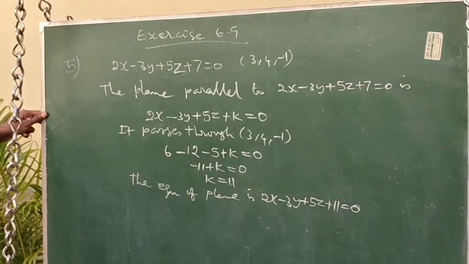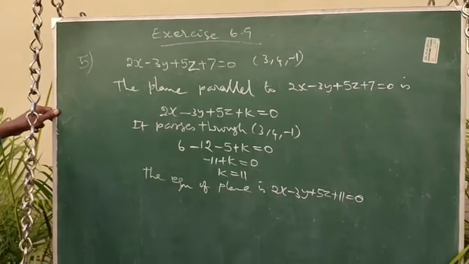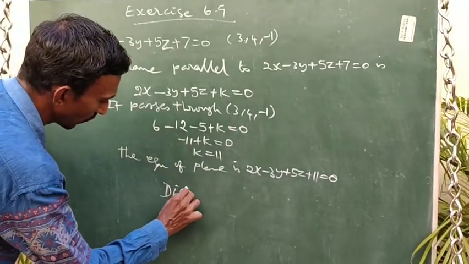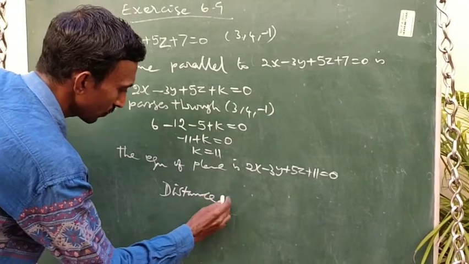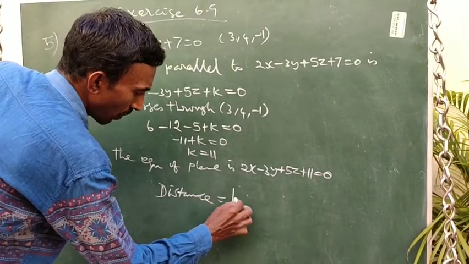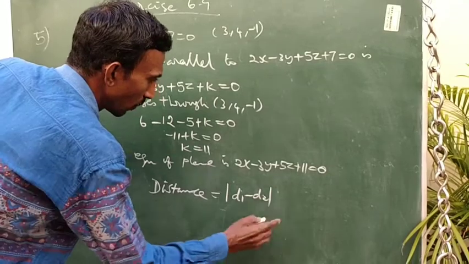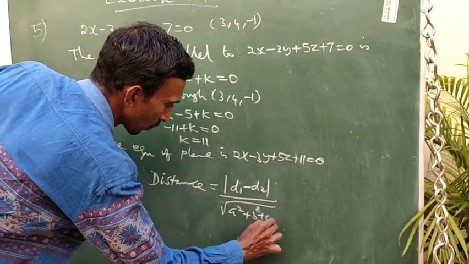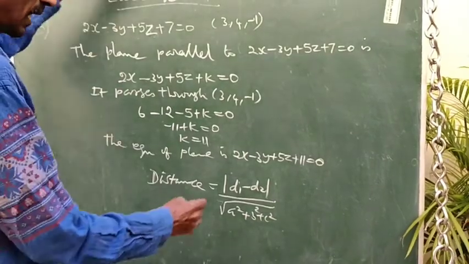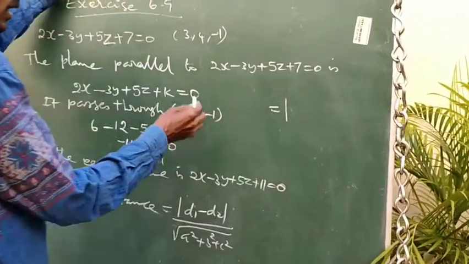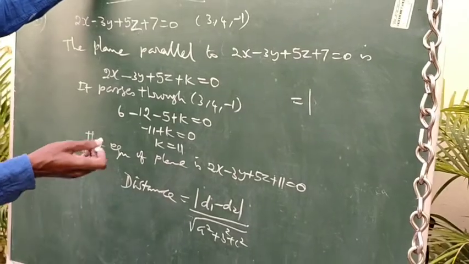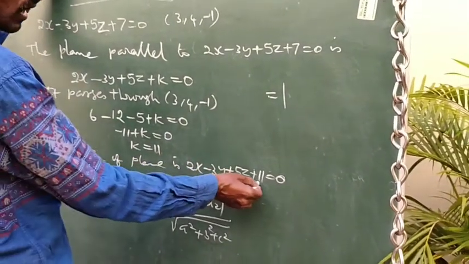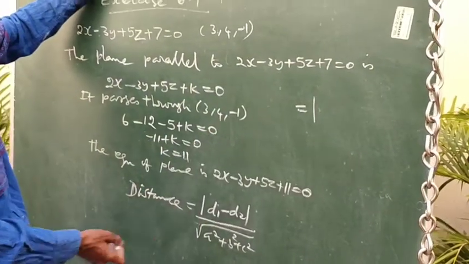And one more question is there: find the distance between them. What is the formula for the distance between parallel planes? Modulus of d1 minus d2 divided by the root of a square plus b square plus c square. d1 is 7 and d2 is 11, or vice versa.